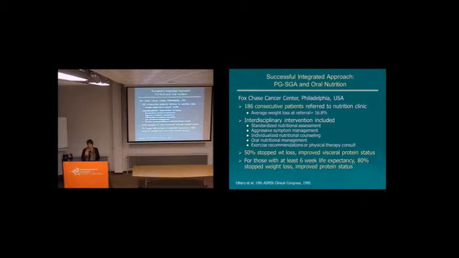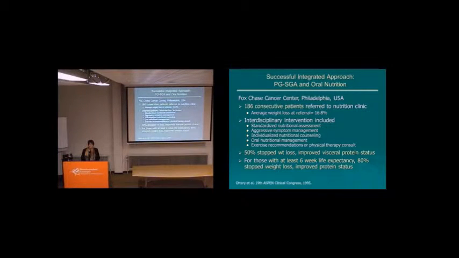To think that patients aren't being referred to nutrition until they've lost almost 20% of their weight, which, if we look at prognostic components, is considered severe weight loss and associated with increased risk of death, and not even taking into account how quickly that happened. That's really a very severe weight loss.